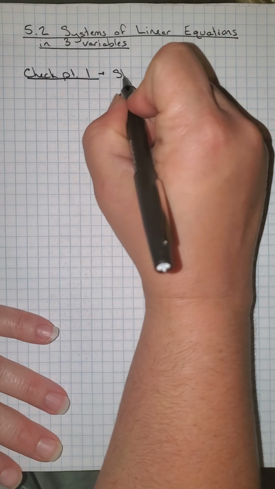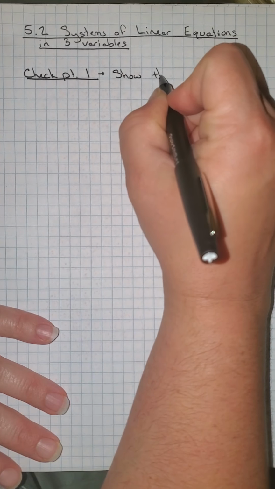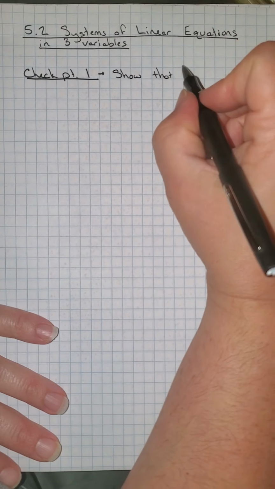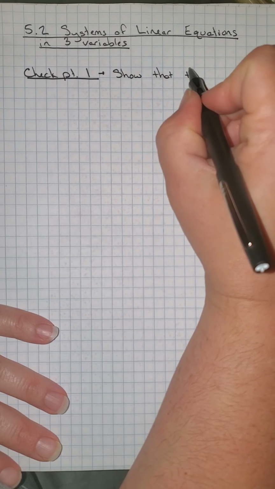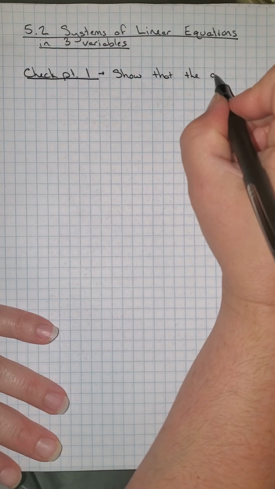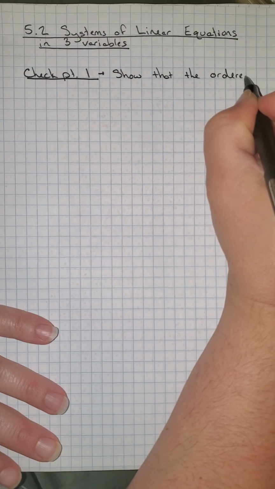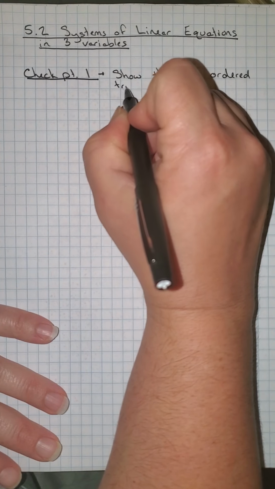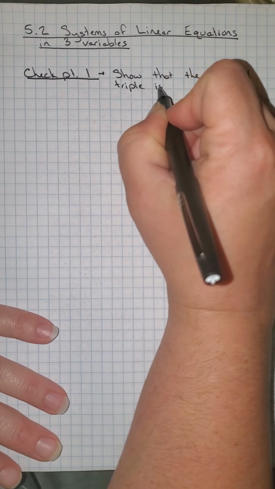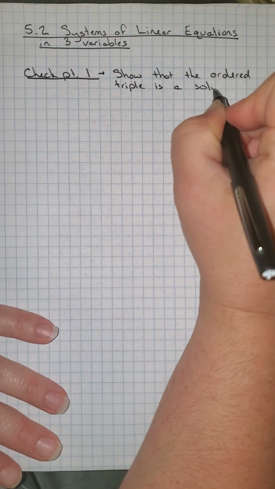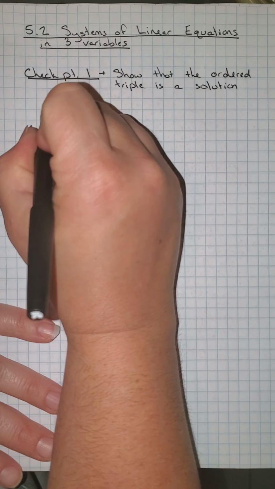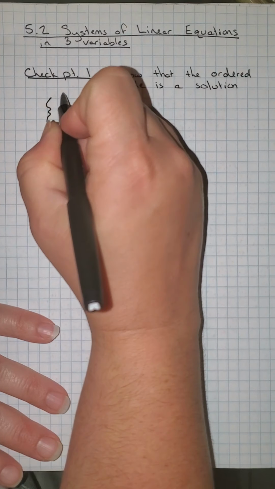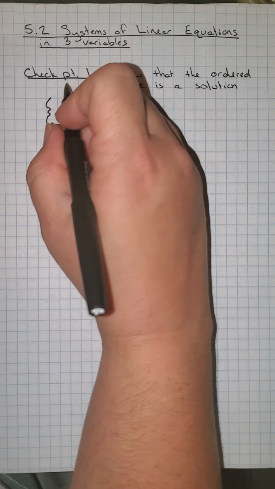So we're going to show that the answer is a solution. Show that the ordered triple is a solution. Alright, so we're given the system of equations. Again, I said it's going to be 3 equations, 3 unknowns.